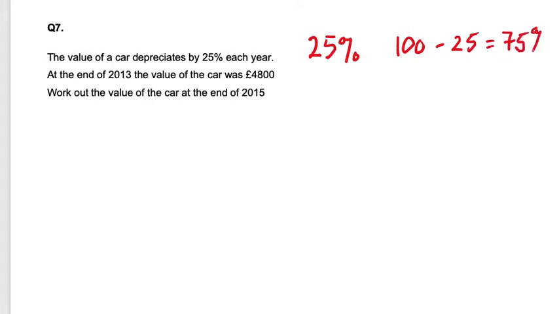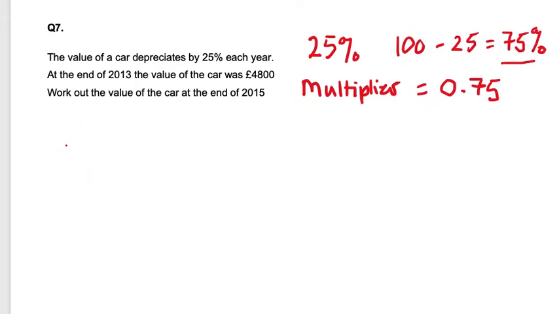So that is the amount that the car price depreciates every year. The multiplier, because we're going down, it starts with a 0. And then we're using the 75 figure, 0.75. So this is our multiplier that we're going to use going forward.